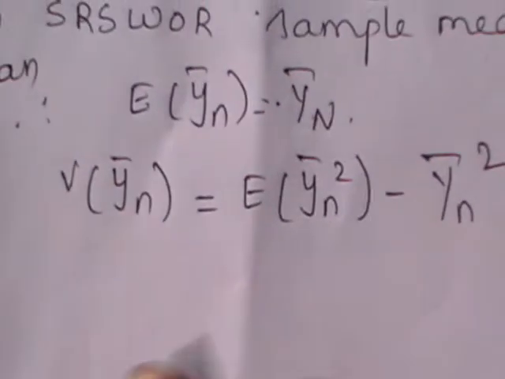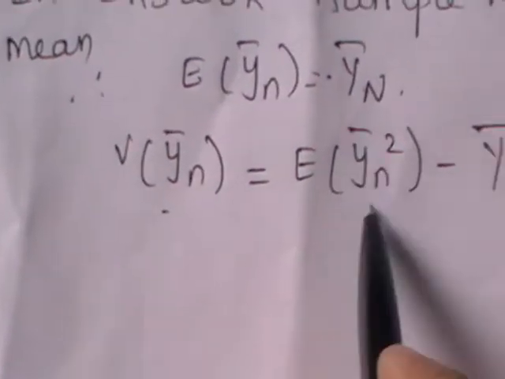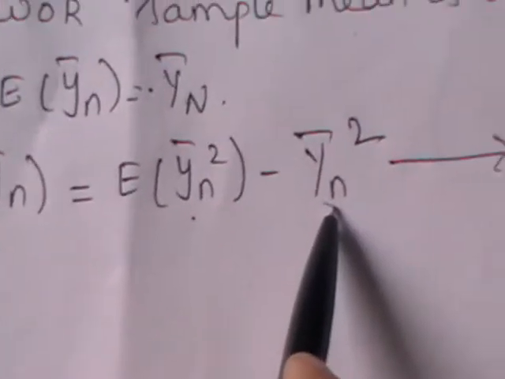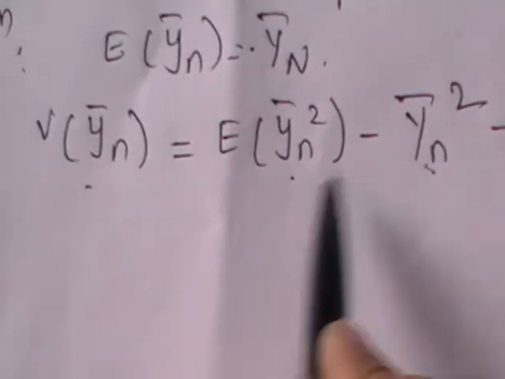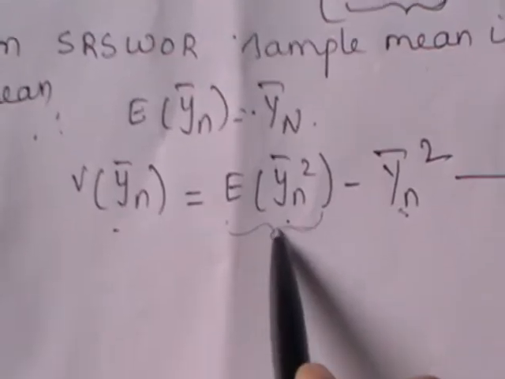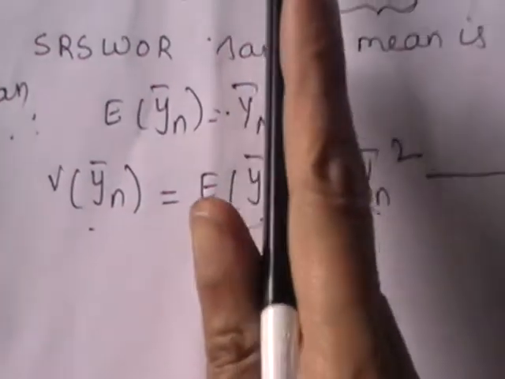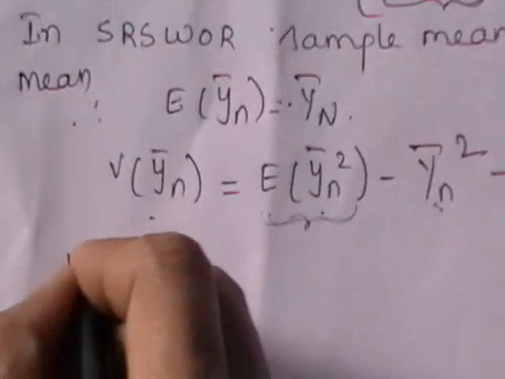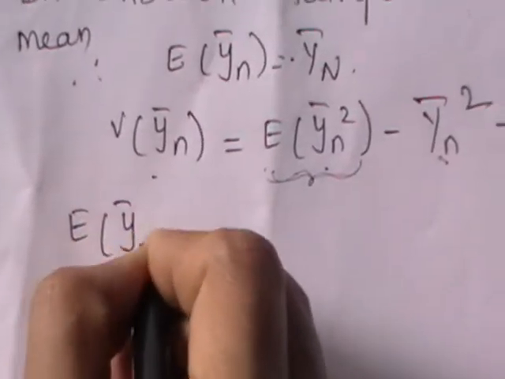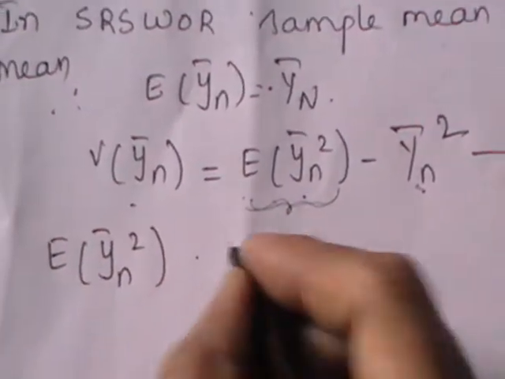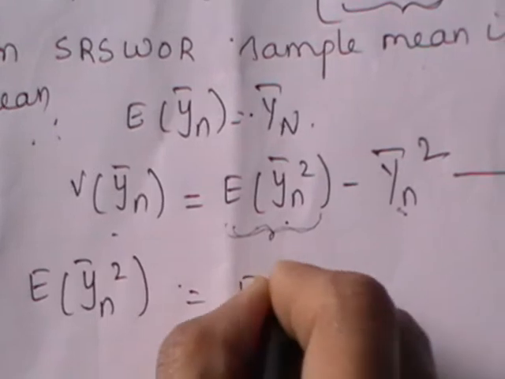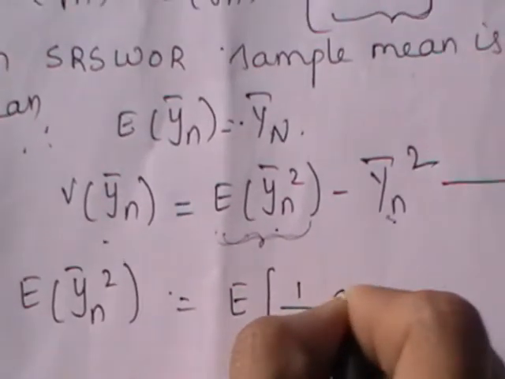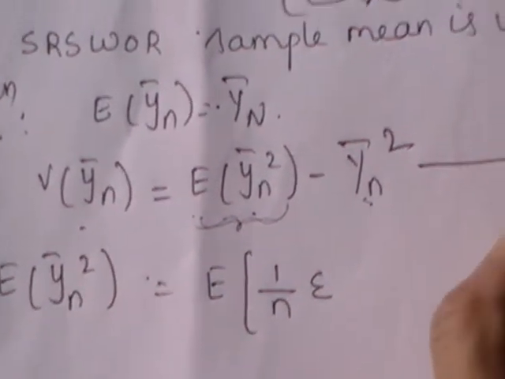Now for variance of y bar n, we got E of y bar n square minus capital Y bar N square. You need to evaluate this value so that you can reach the final statement. So what is expectation of y bar n square? What is the formula for y bar n?